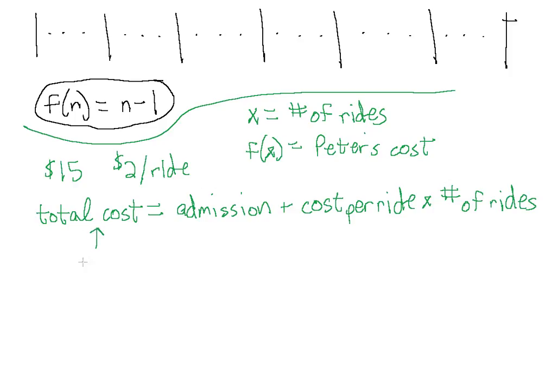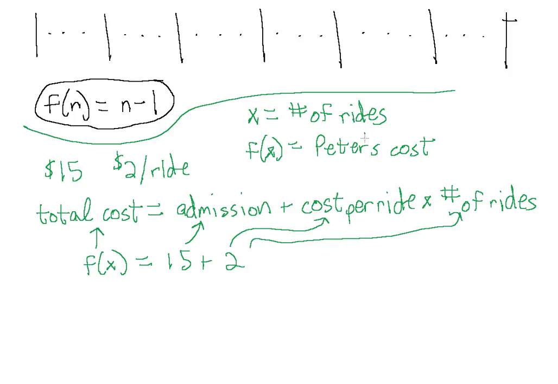Our total cost, we know, is f of x equals the admission. The admission is $15, so 15 plus the cost per ride, which is $2, times the number of rides. We defined our variable x as number of rides. So our function is defined as f of x equals 15 plus 2x.